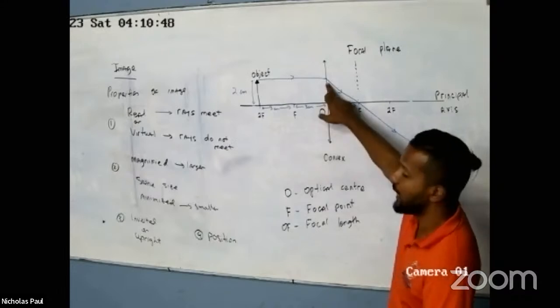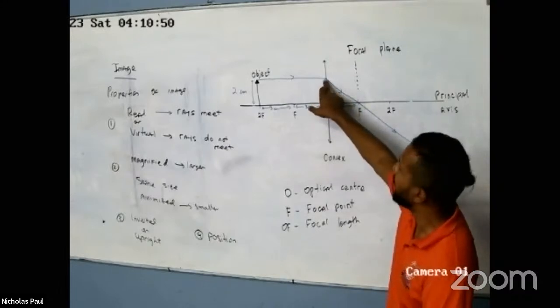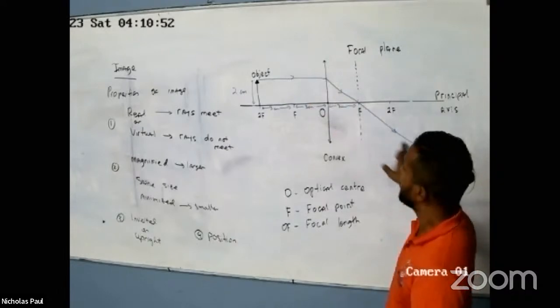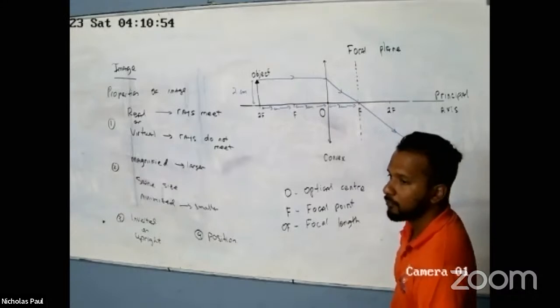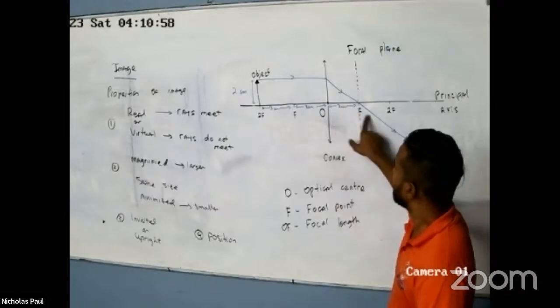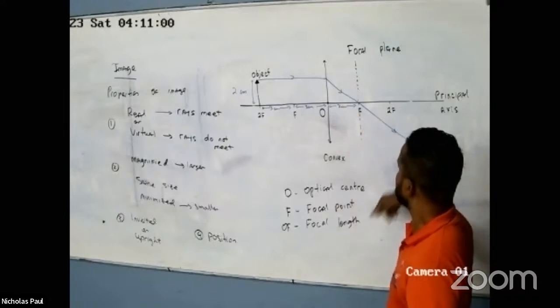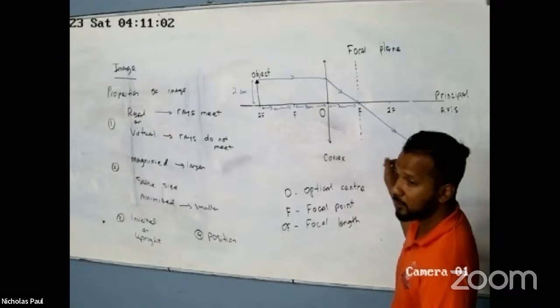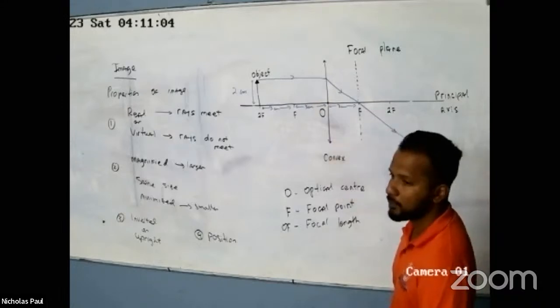When you reach the lens, stop and then draw a line from that point through the focal point. So it should look like mine. Just draw it until the convex line.